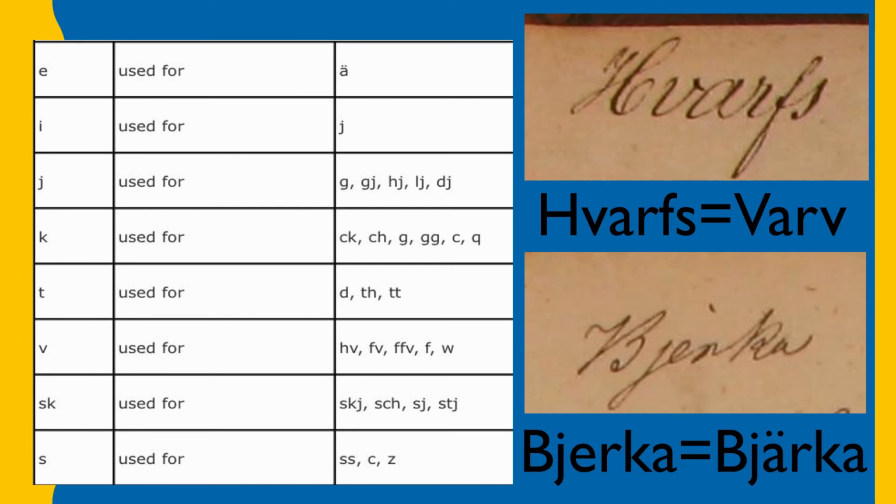Basically, how you can tell how it's going to be spelled is if it was written by someone who lived 100 or more years ago, then it's going to be written in older spelling. And if it was written more recently, then it'll be written in more modern spelling.